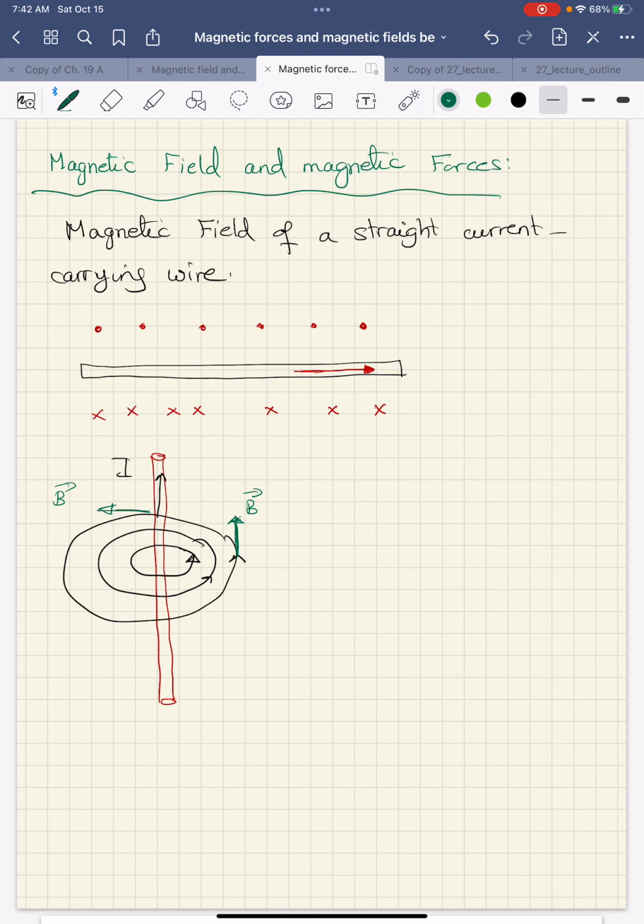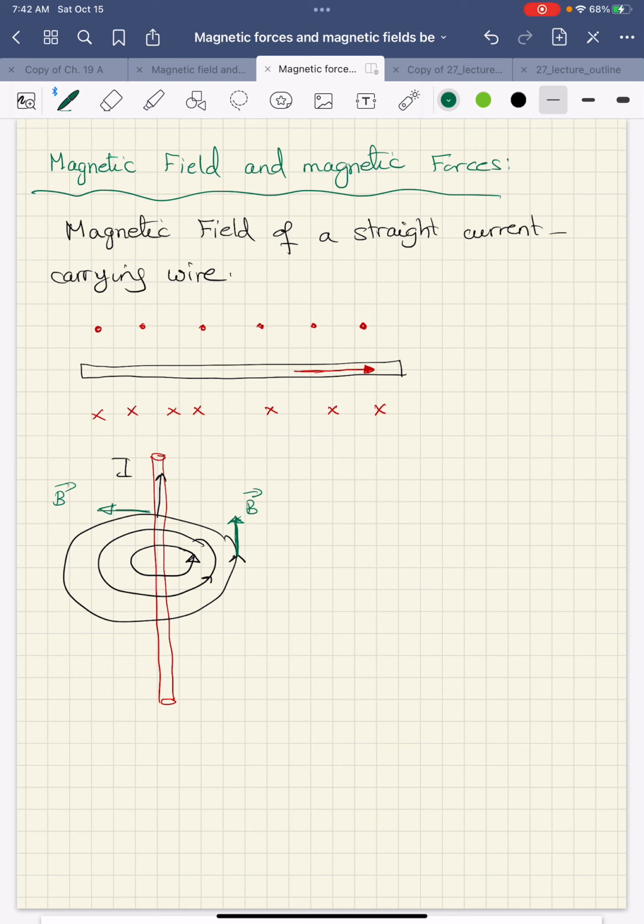And this is really the magnetic field created by this wire. I want to also directly talk now about the force that is going to affect current in a conductor. Whenever we have a moving charge, we are going to have a force.